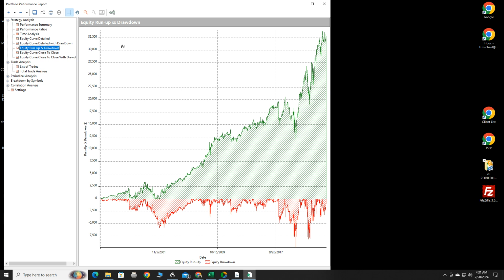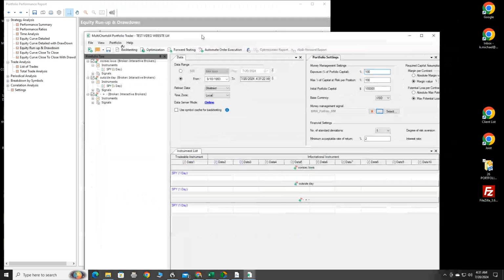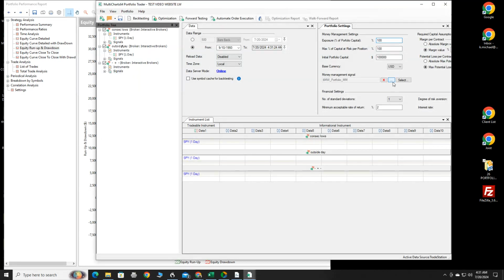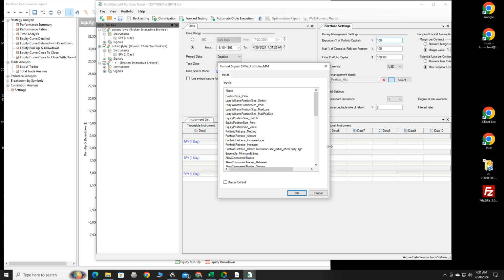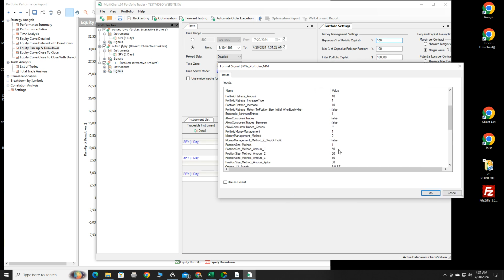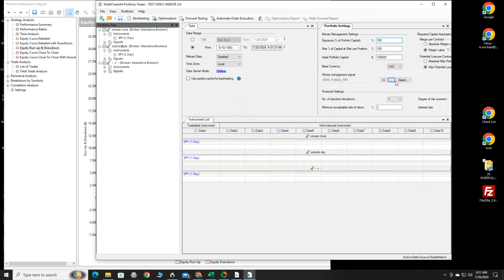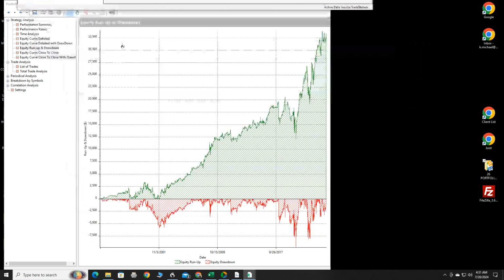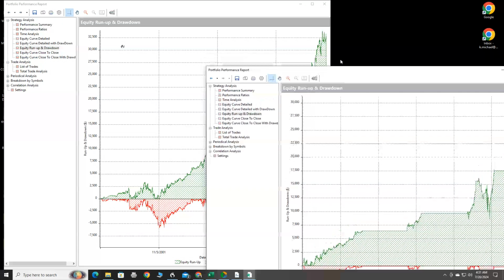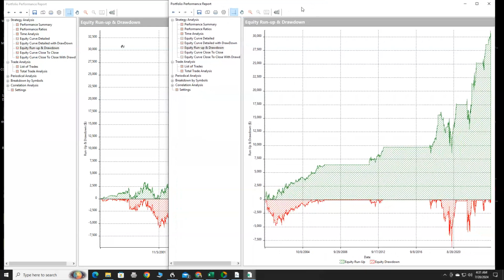Now, in our portfolio, like we had discussed, all these switches have been turned on to make this work. 1 for portfolio management, true, 3,000. That's all there is to it. Once you've got that turned on, you back test it and you run it, and this is what you get.